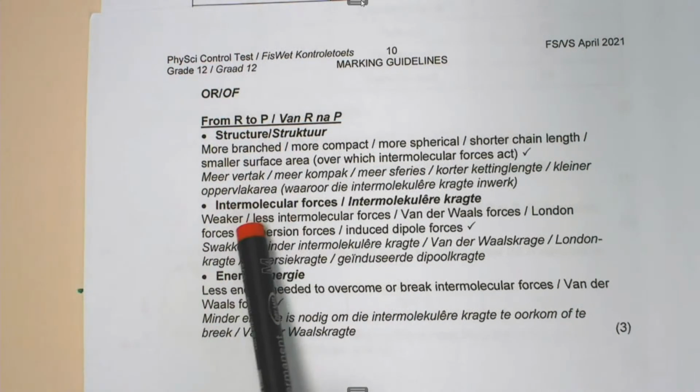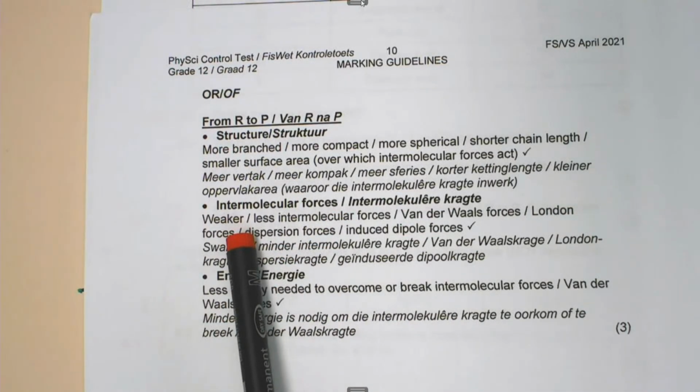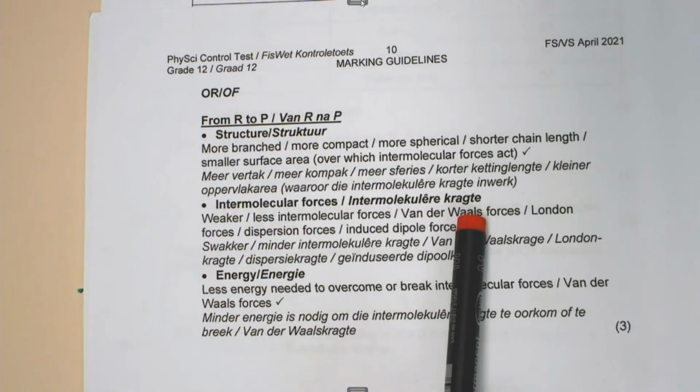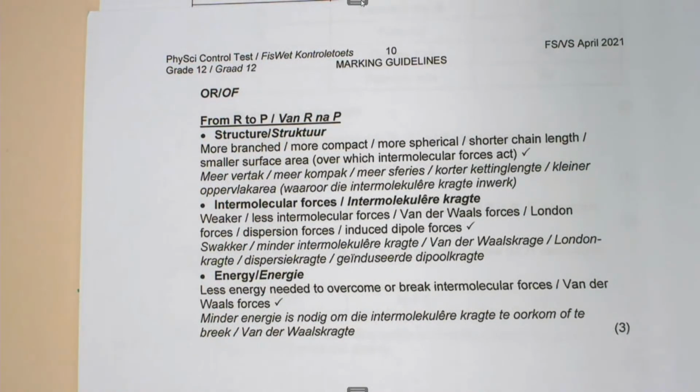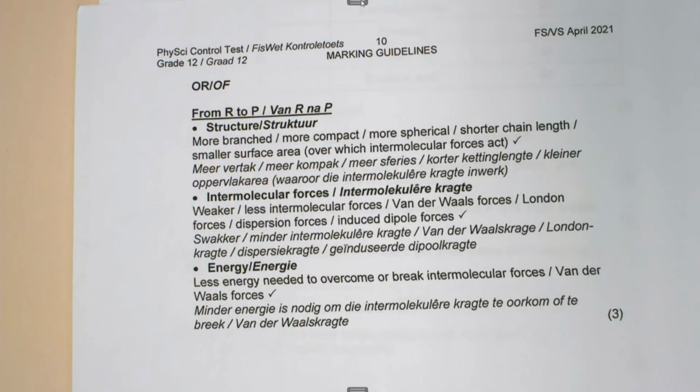And therefore, the strength of intermolecular forces decreases, or the intermolecular forces become less or weaker, or the van der Waals forces become less or weaker, or the London forces, dispersion forces, induced dipole forces become weaker. That's the second mark. And then less energy will be needed to overcome or to break the intermolecular forces.